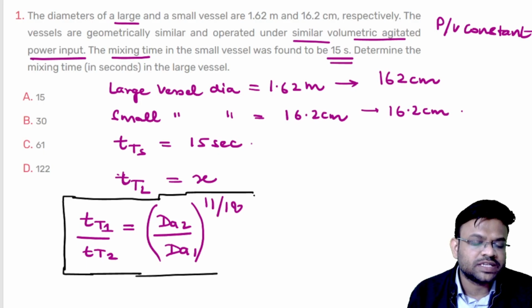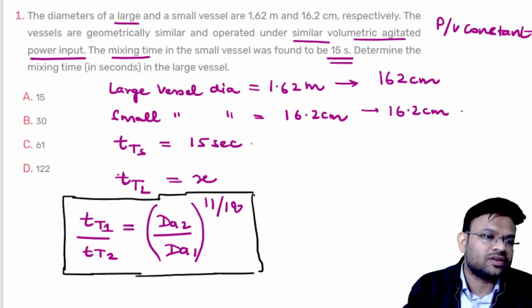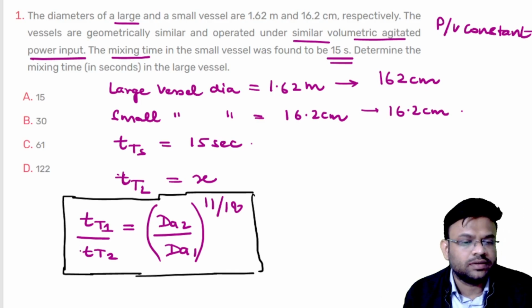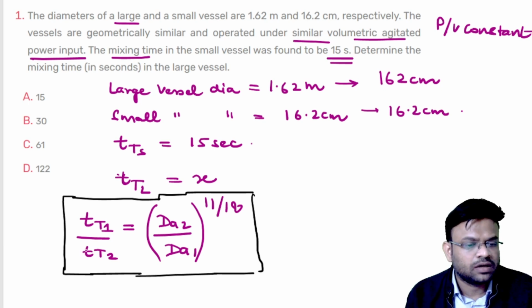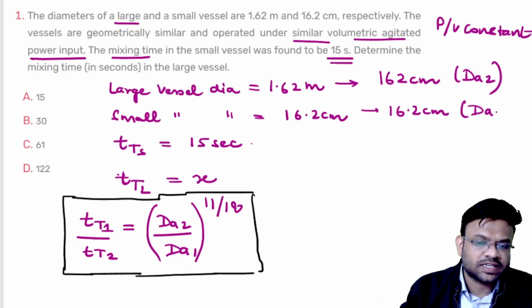In this present question we are just given the diameters only, so it becomes extremely easy for us to calculate this kind of question. So now we can simply use this formula. Let me keep the larger vessel diameter as dA2, and the smaller vessel as dA1.